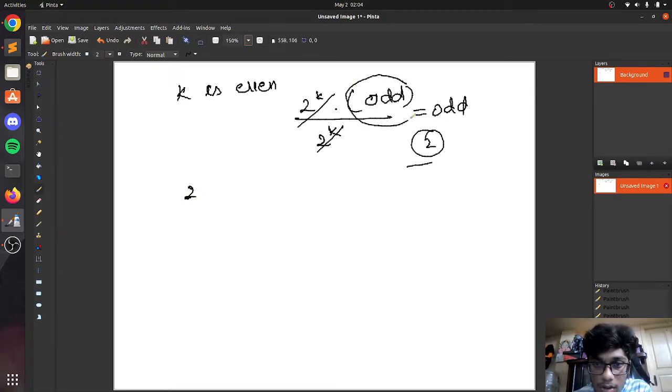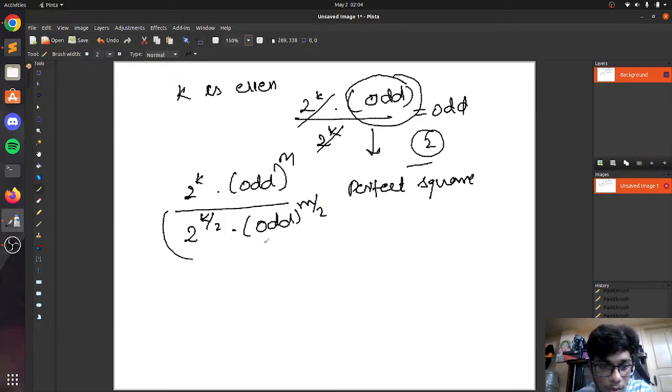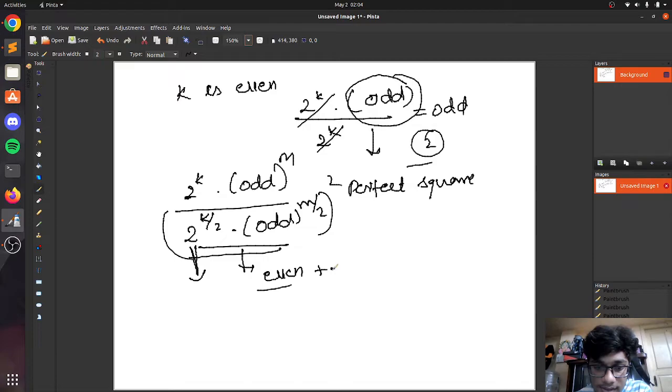If this odd is a perfect square, suppose this 2 power k into odd power m, then you can divide it as 2 power k by 2 into odd power m by 2, whole square. If you multiply both, you will get an even number only. So even plus even is again an even.